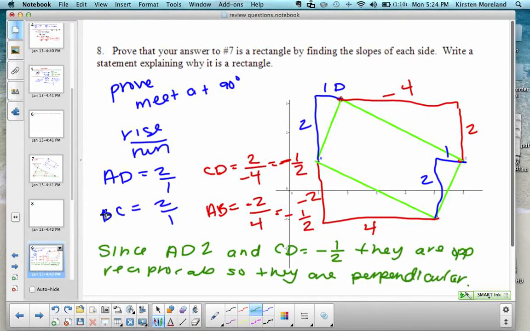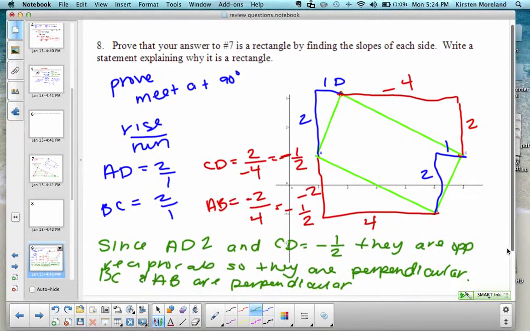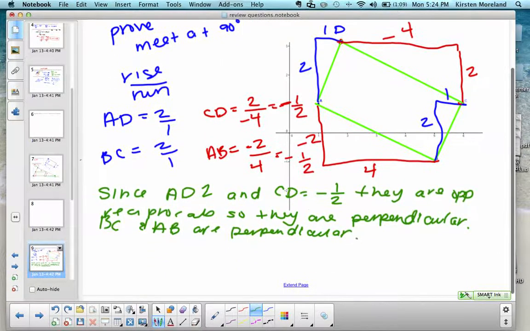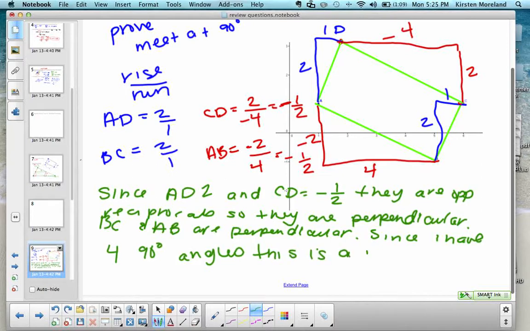Then you could also make a statement about BC and AB being perpendicular. So BC and AB are perpendicular. And then lastly, you could write, since I have 4 90-degree angles, this is a rectangle.